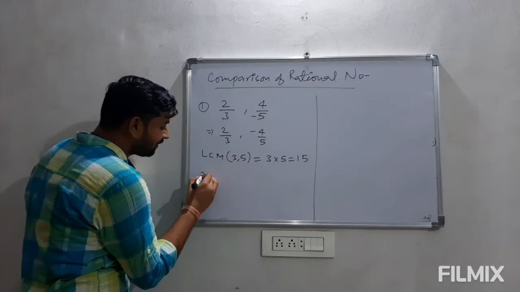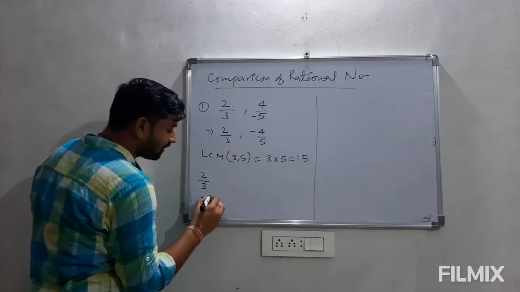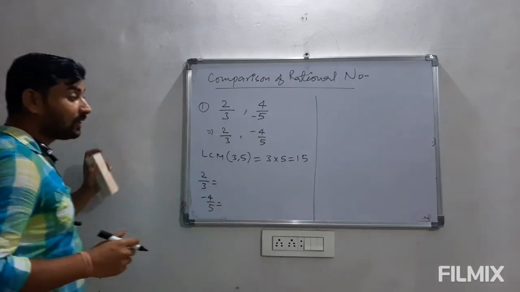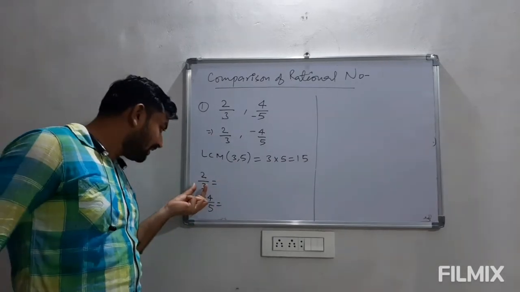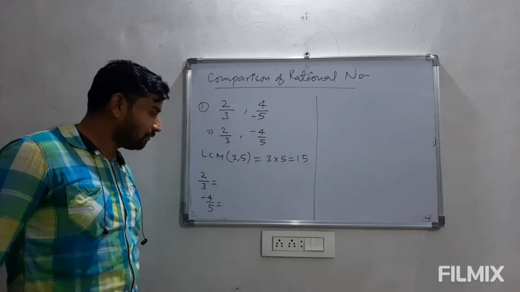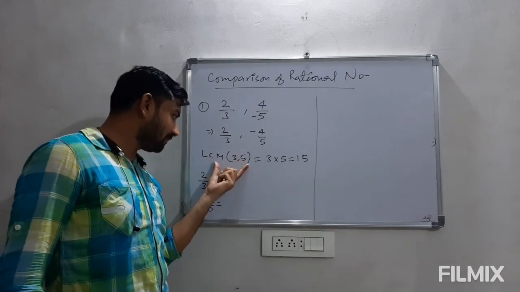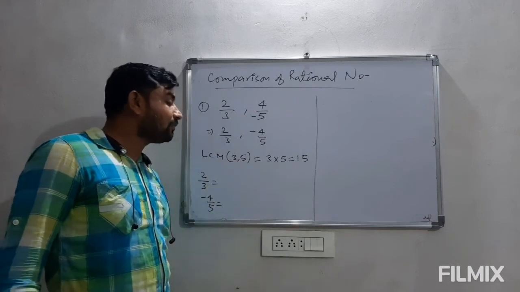Now we have to write the equivalent of 2 upon 3 and minus 4 upon 5. In equivalent we have to see that the denominators become equal, and for making them equal we have calculated the LCM, that is 15.